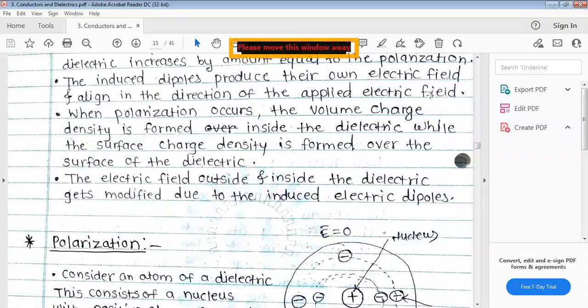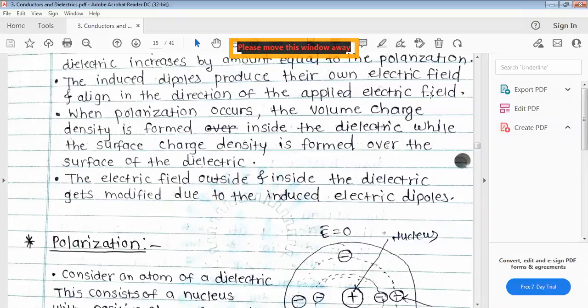Do you understand? Yes. When you consider one conductor, that conductor also has its own electric field. When you apply an electric field, that is the applied electric field, but due to the movement of these electrons, a field is developed again. They have their own electric field and align in the direction of the applied electric field, and they will move in the direction of the applied electric field, just like your conductor.